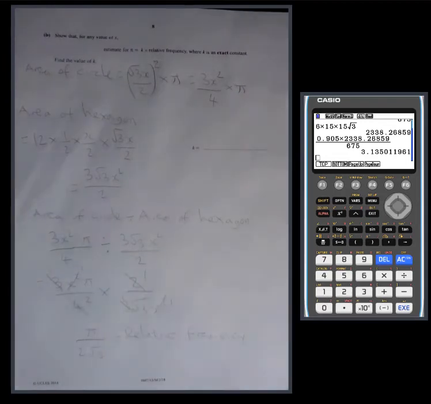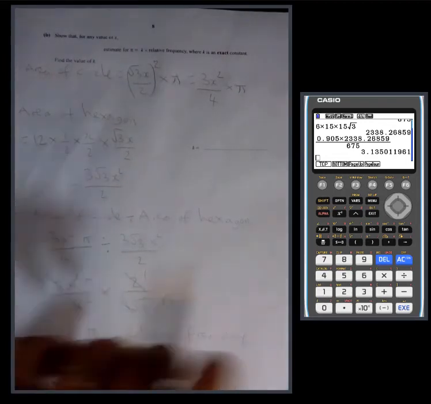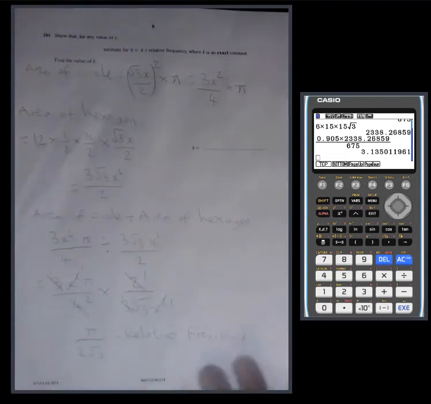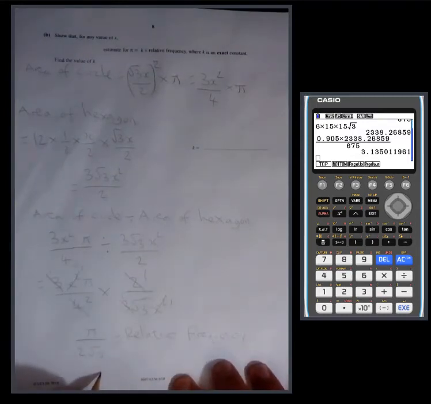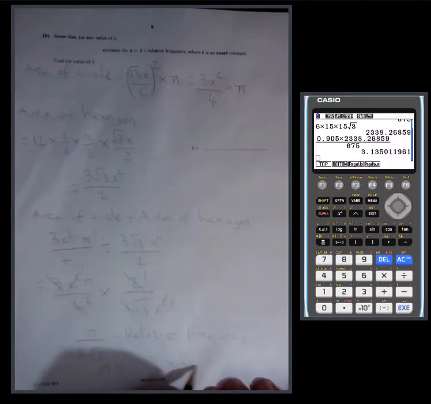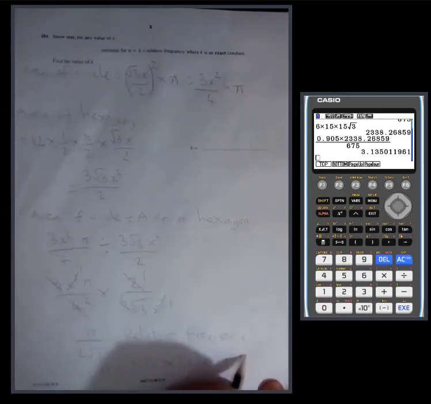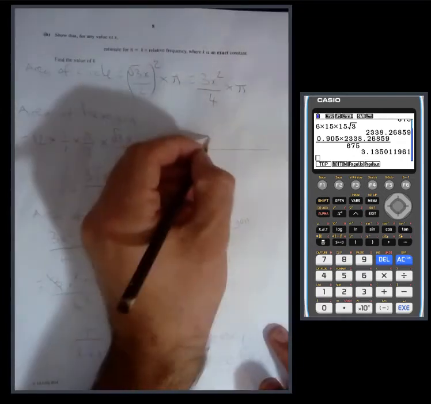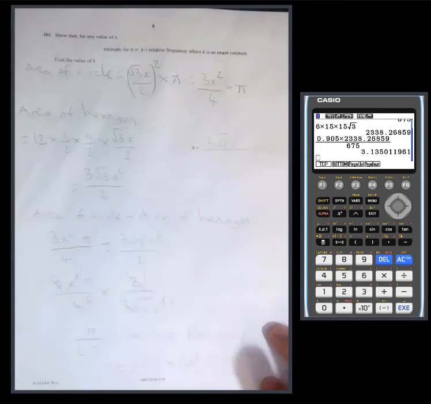Okay, so that means pi must equal 2 root 3 times relative frequency. Well, not pi, the estimate of pi equals 2 root 3 times relative frequency. So k must be 2 root 3.